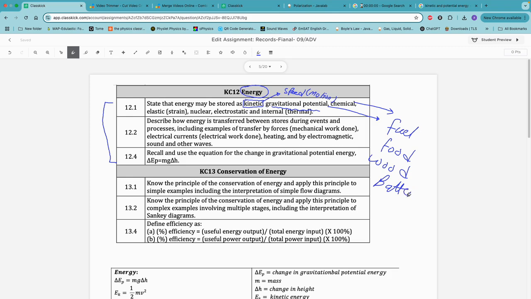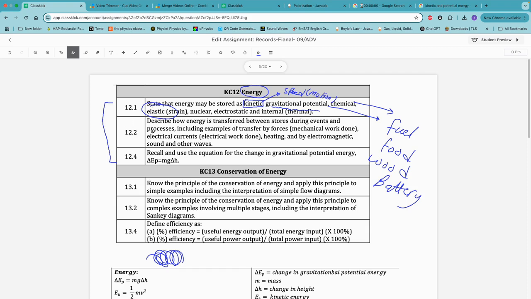So I'm just showing you these are keywords. Whenever any of these points is mentioned, automatically without even thinking you go to pick chemical energy. We have elastic energy, which is the type of energy stored in springs, mainly rubber bands.